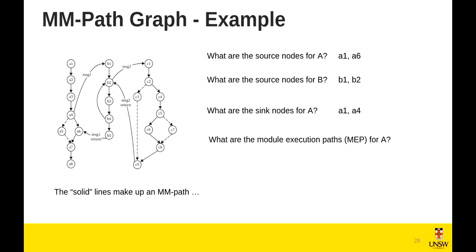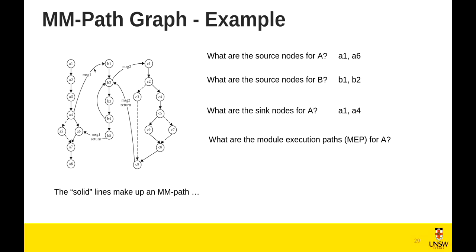Sorry, I made a typo here. This should be A4 and A8. I will correct it later, but I won't do it now because I will leak the answers. So what are the module execution paths for A? It is defined as the path connecting sources and sinks. So let's try to find out what the MEPs are according to the definition here.